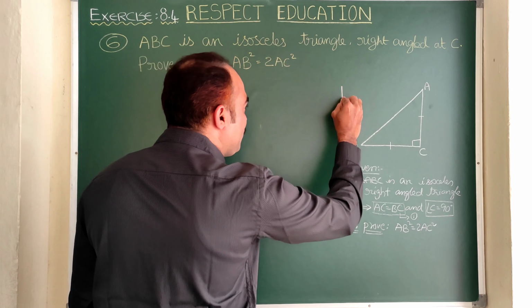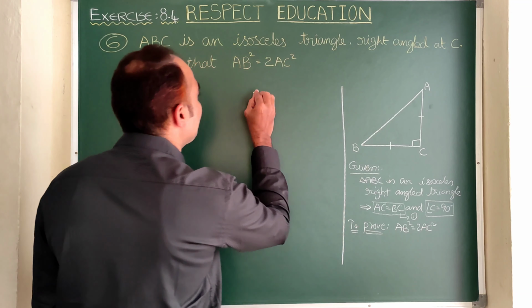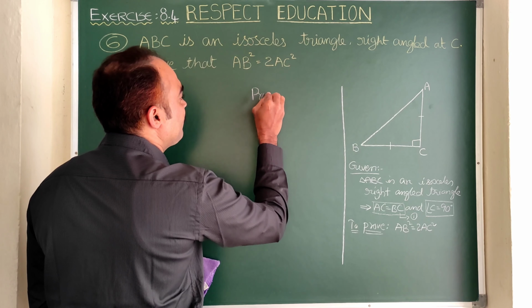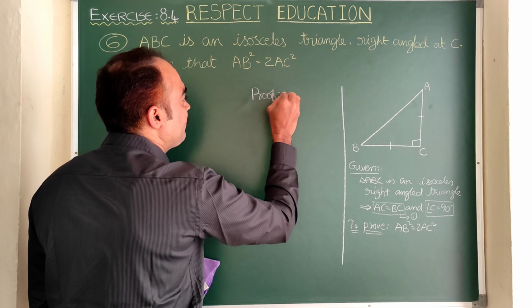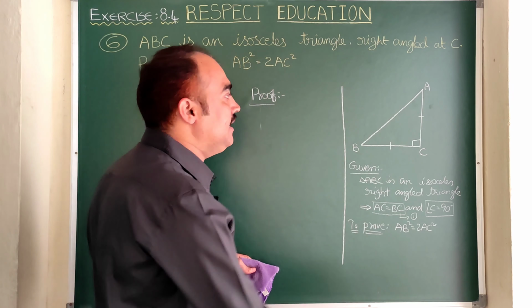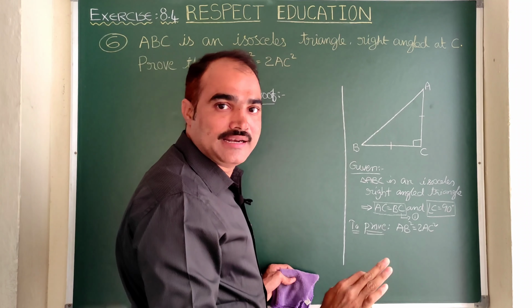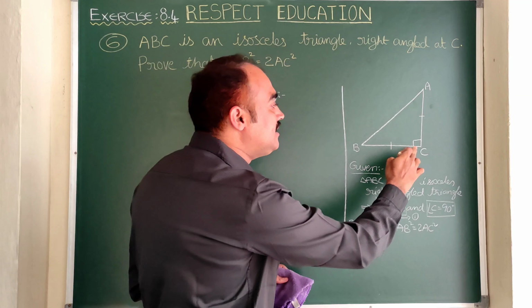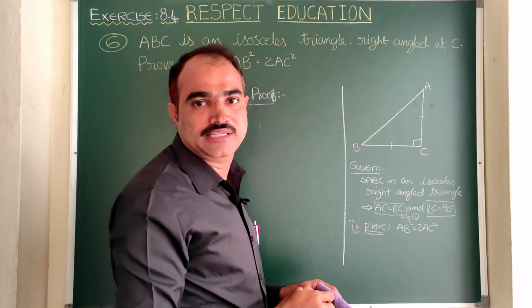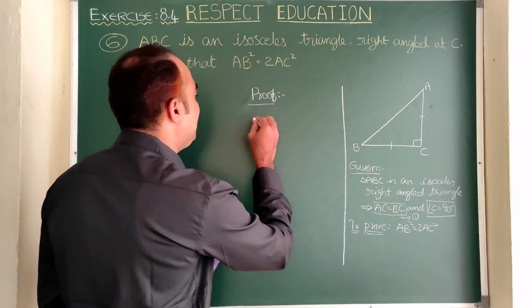Let us start the proof here. Proof. So here observe triangle ABC, which kind of triangle it is? Right angle triangle, right angle at C. So which theorem can be applicable? Pythagoras theorem. Let us apply the same here.